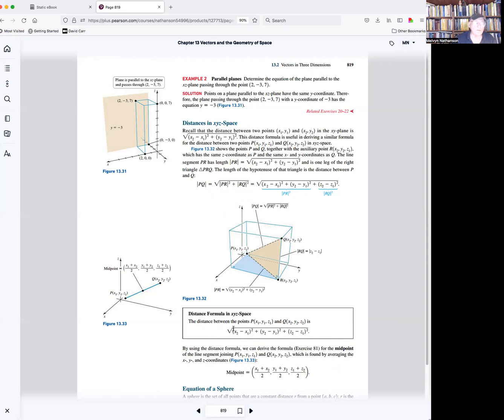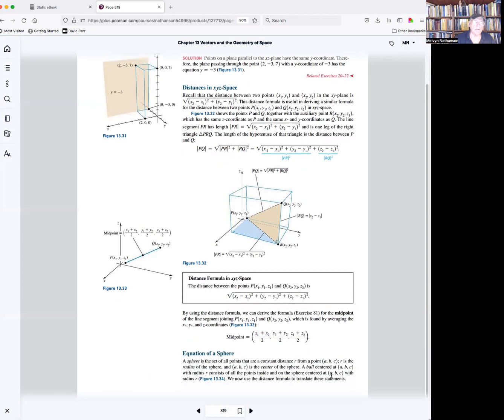And if you want the midpoint, so if you take the point P and the point Q and you draw the vector between them, or the line segment between them, you get the midpoint, the halfway point on that line, by just taking the average of the x, y, and z coordinates. So the midpoint between the points P and Q, here's a picture.